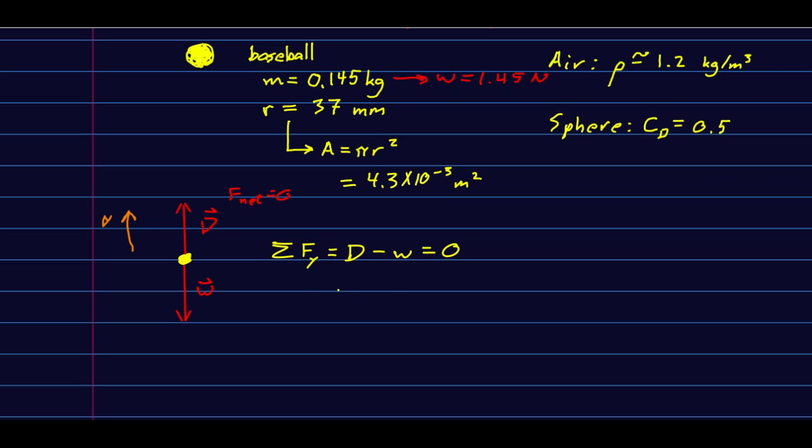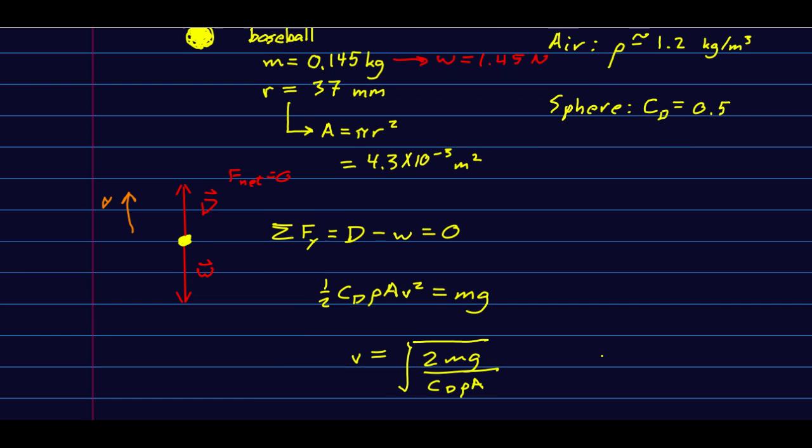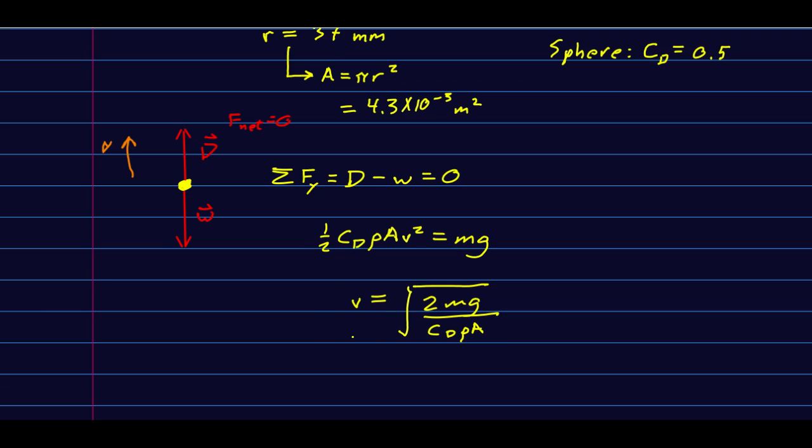So that now says that the drag, that's a half CD rho A V squared, equals mg, which means that the speed would be the square root of 2mg over CD rho A. And so that is then a special value of the speed that gets called the terminal speed.